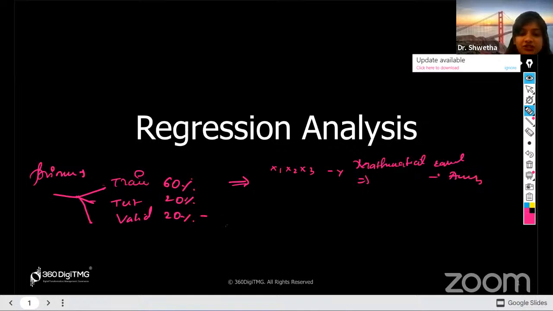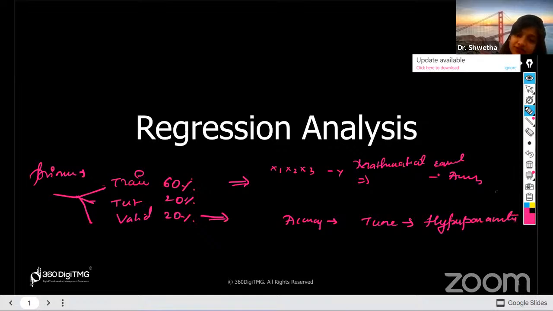Now, we also try to validate. So here, we send the other 20% of the data into the model and validate. The model gives us some accuracy, and based on this accuracy and errors, we can tune the model. We can adjust some of the hyperparameters and increase the accuracy.